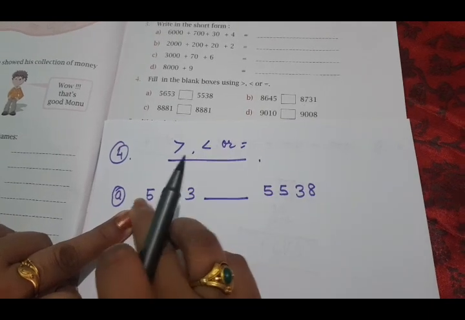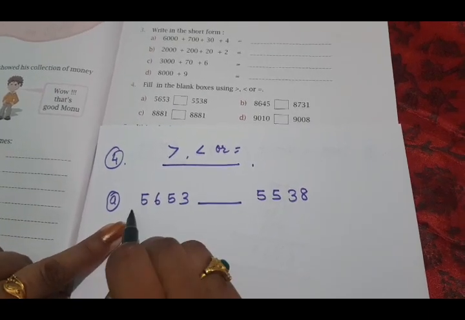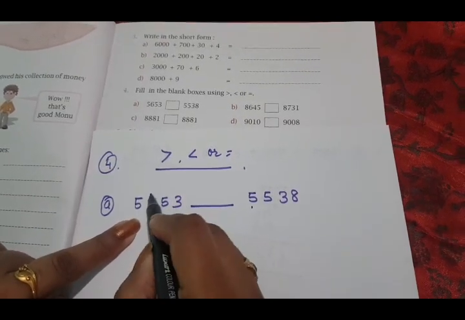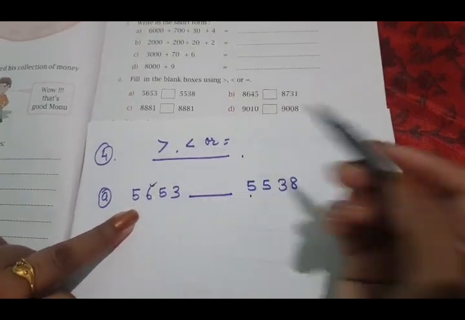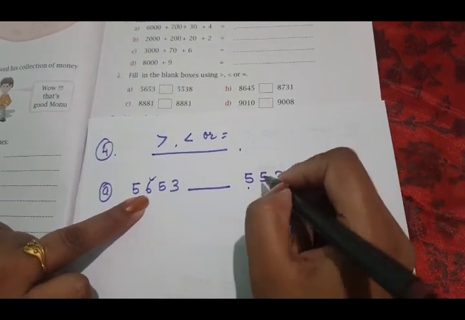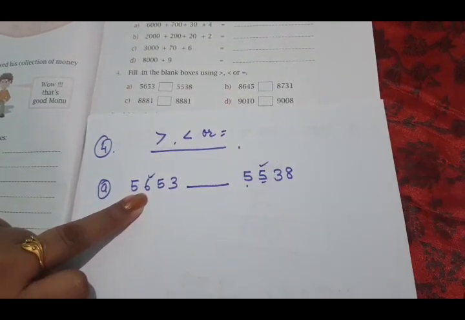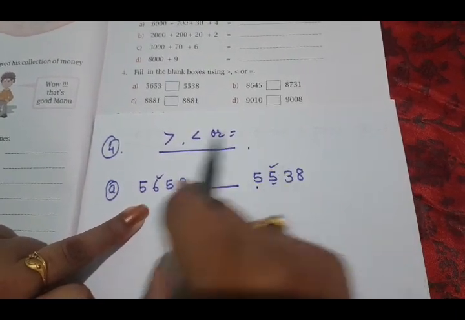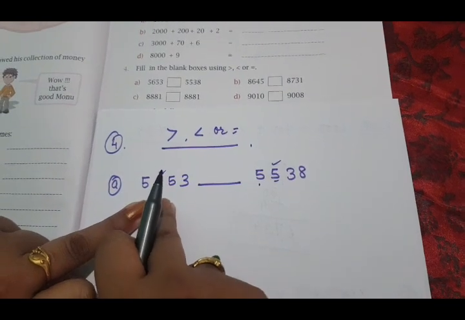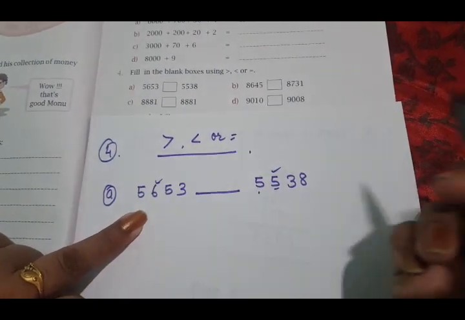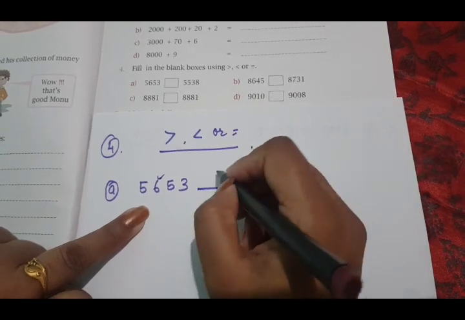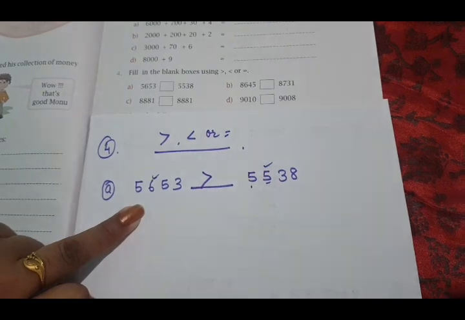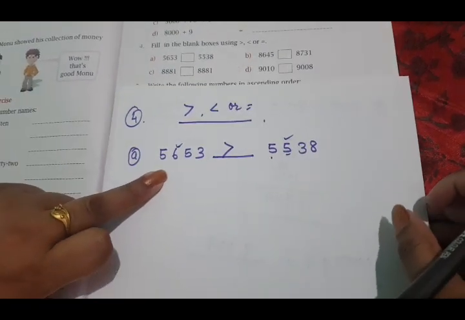Now in both the sides you can see the first number is 5. Now go to the next number. That is, in first group of number you can see 6, and in second group of number you can see 5. So 6 and 5, among these two numbers 6 is the greater number, larger number. So the opening part always faces towards the bigger number, means the sign has to be like this.